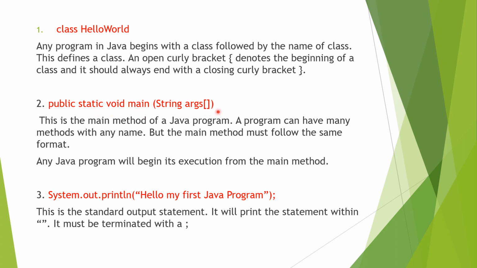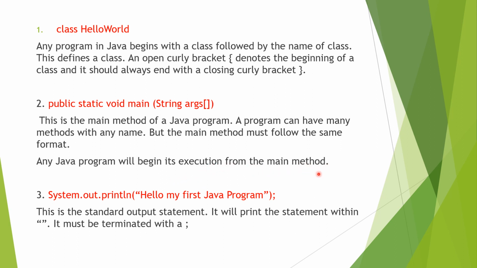Fine, no changes will be there in this main method. Any Java program will begin its execution from the main method. So when you execute your program, your execution begins from the main method only.